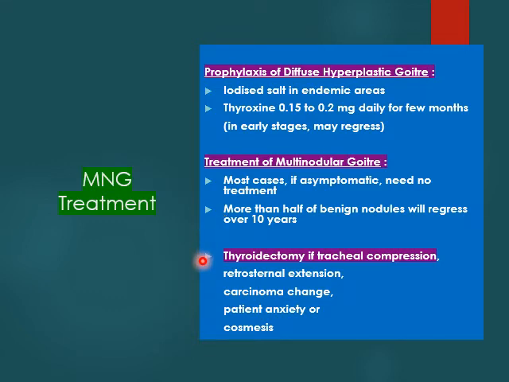If surgery is required, it's usually for pressure symptoms: tracheal compression, esophageal compression, recurrent laryngeal nerve compression, retrosternal extension, malignant change, or the patient's anxiety about having a lump over the neck. And of course, if it is a very large goiter, cosmetic considerations become important.